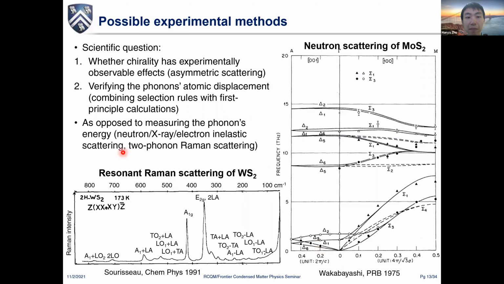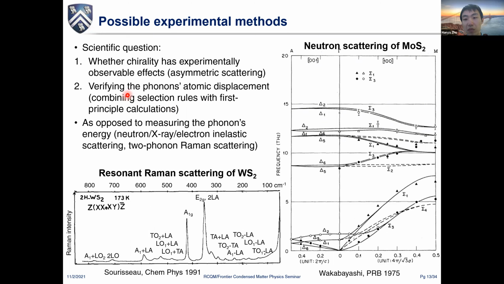So the scientific question that we would like to ask is, other than being mathematically interesting, if the phonons have chirality, what will be the observable effects? Typically, when people in high energy physics talk about chirality, they are looking at some scattering process that is asymmetric.